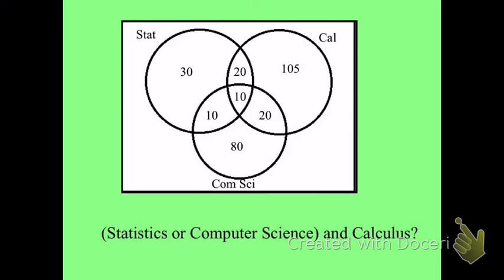So basically, it's the people taking two classes: calc and comp sci, or calc and stat, or calc, comp sci, and stat. It's this right here. Does that make sense? They're having a combination of calc and something. Because it says and, that means they have to be taking calculus and they have to be taking either one of these.